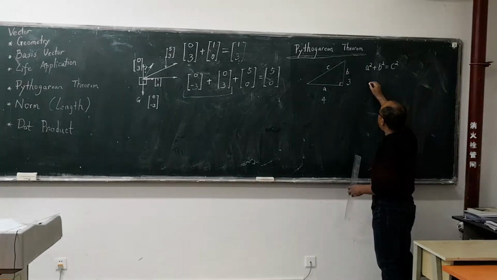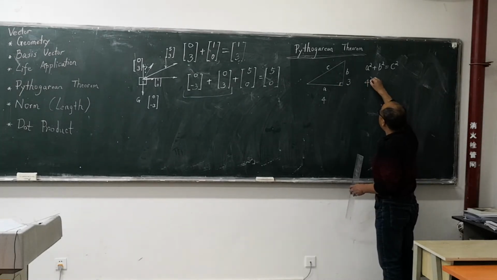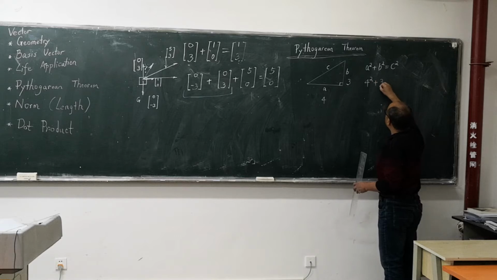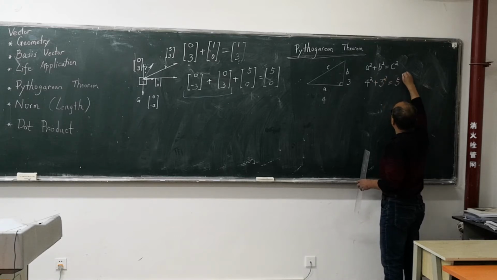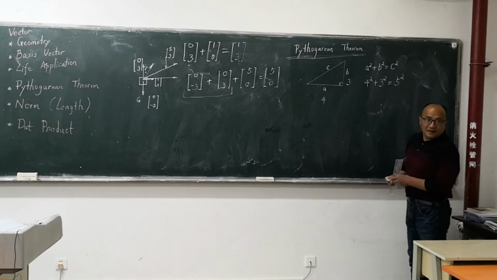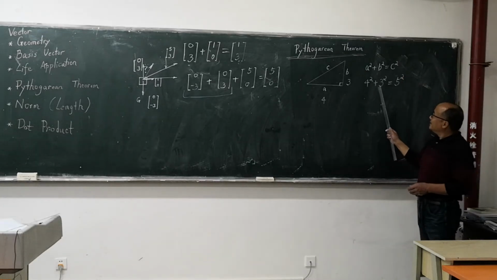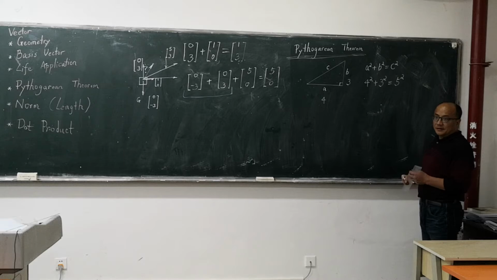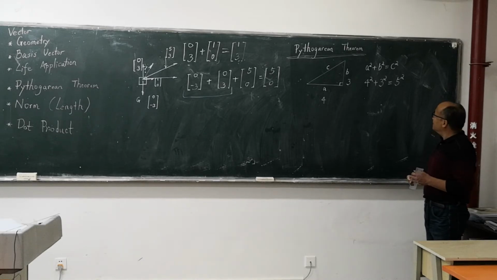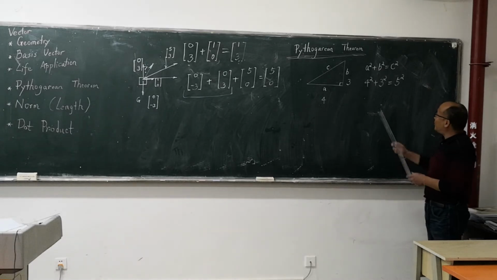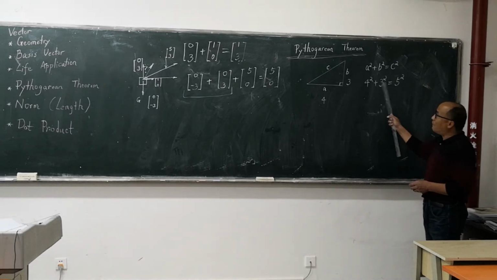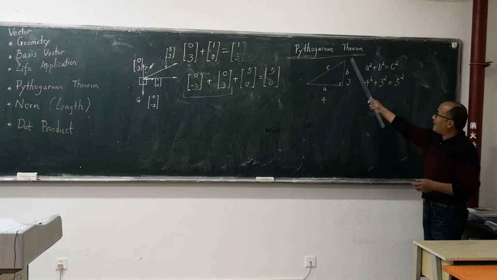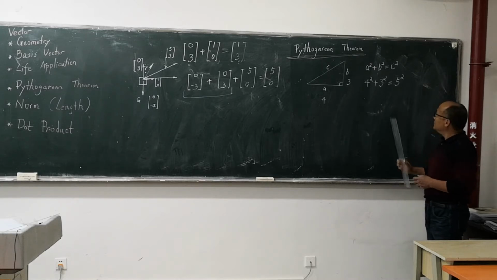This is 49. No. Okay, that's it. They call this 3, 4, 5 a Pythagorean triple.